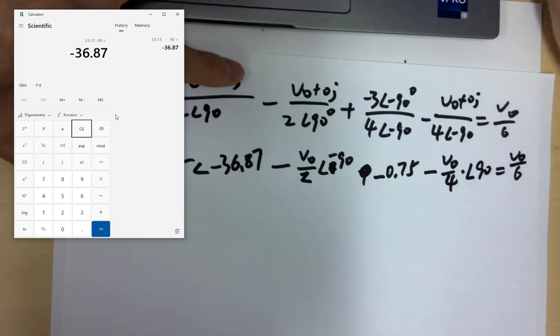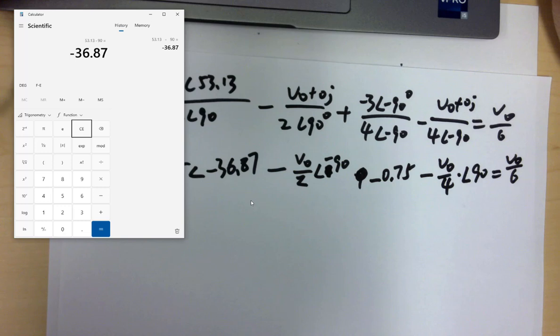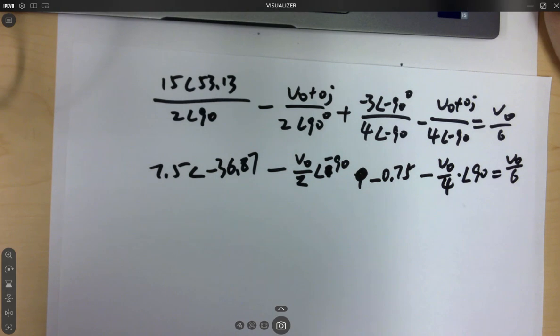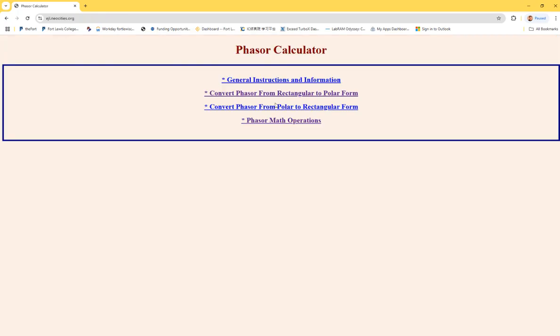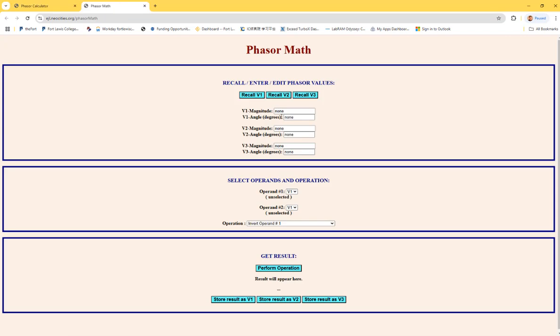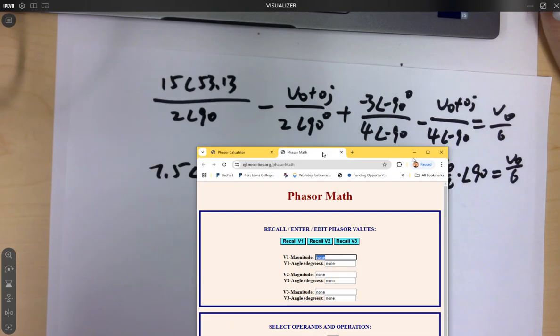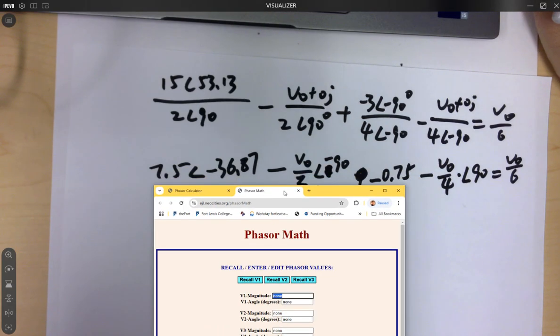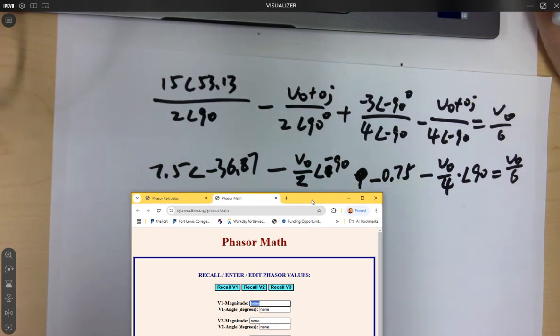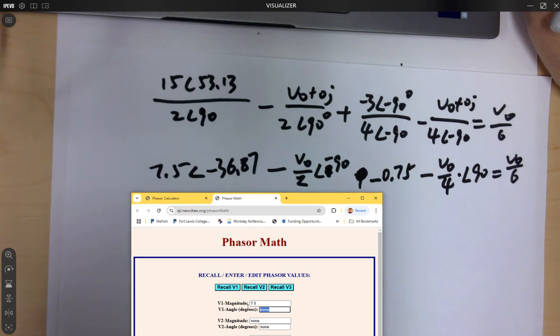Okay, then for all these things, we'll just use a calculator to do this polar form or phasor math calculation. So magnitude, let's take a look at it. Okay, so V1, 7.5, angle, negative 36.87.